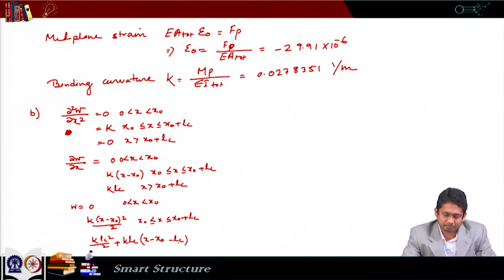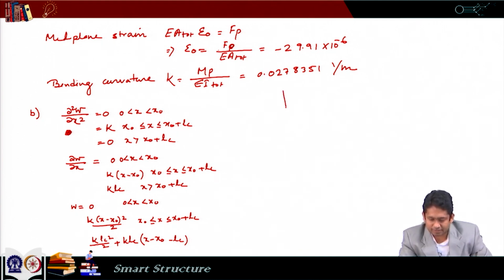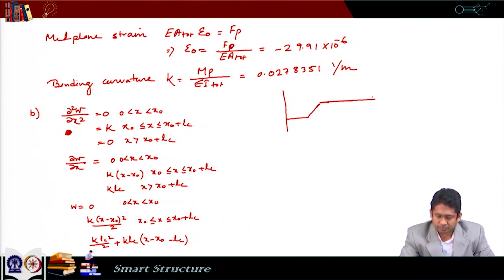So, if you plot it, first if you plot the slope variation, it looks like this. So, this is our x 0, this part is LC.